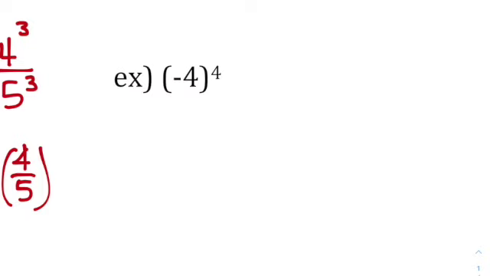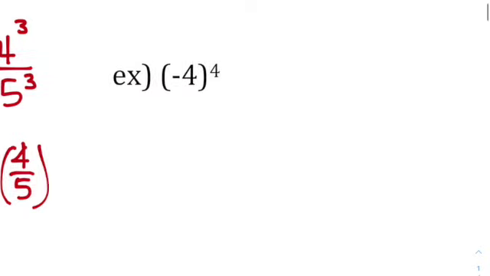So now let's think about this. The negative 4 is actually the base because that's inside the parenthesis. But then the 4 is going to be the exponent. So actually, your base is negative 4. The whole thing is going to be to the 4th power. And because of that, you will actually have negative 4 times negative 4 times negative 4 times negative 4.